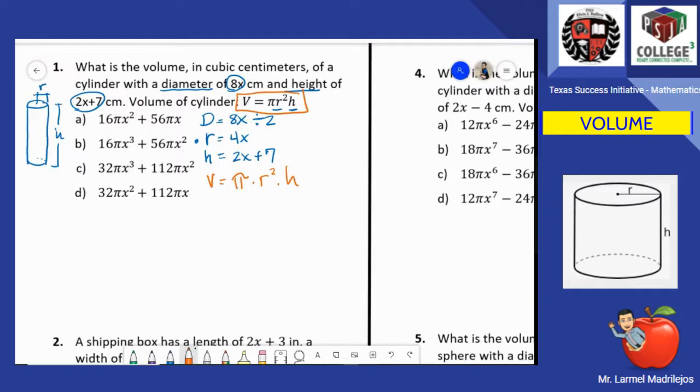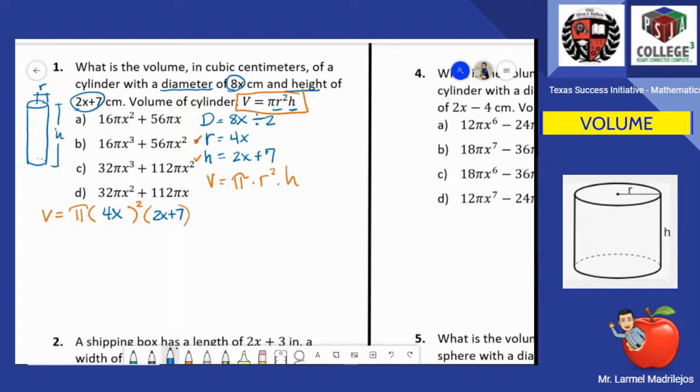So what we're going to do right now is substitute our gathered information, the r and the h, into the formula. Let me rewrite it here so that I have room. V equals pi, the r in parentheses squared, and for the h, parentheses. Let's change color. The r is 4x and the h is 2x plus 7.